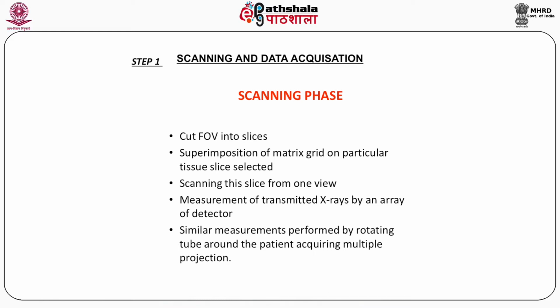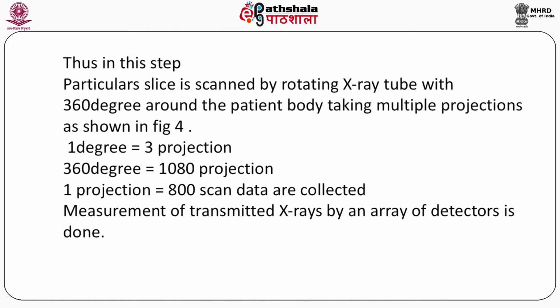The detectors on the other side of the patient acquire the data from one projection, and then when the X-ray tube is rotated, it takes multiple projections across the patient's body. About 1000 projections are taken when the X-ray tube rotates about the patient's body in one rotation.